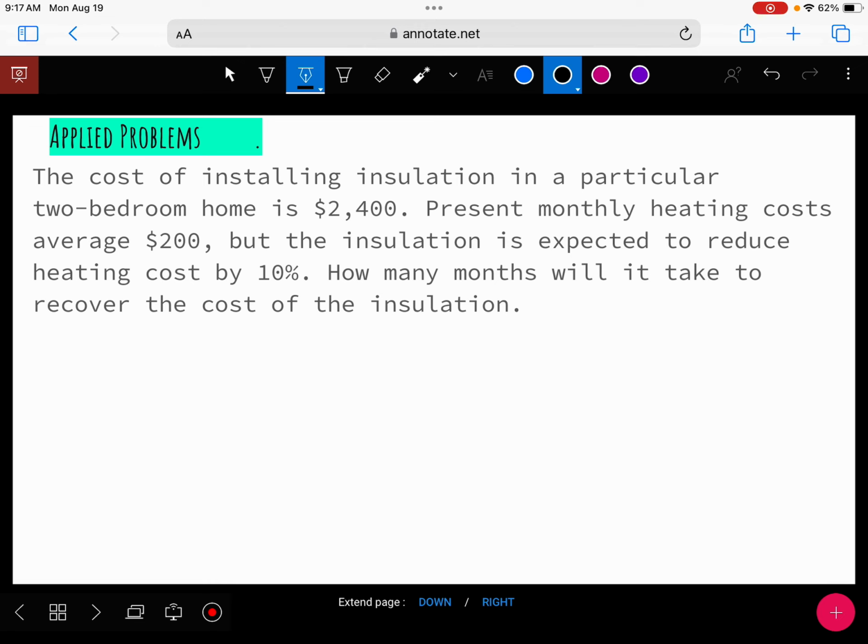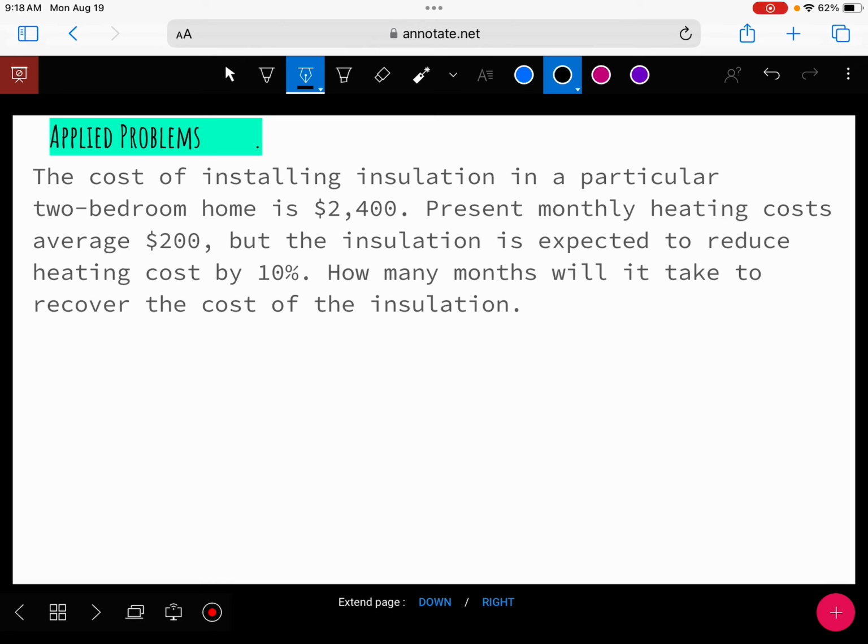So this one is number 4. The cost of installing insulation in a 2-bedroom home is $2,400. Present monthly heating cost is about $200. However, the insulation is expected to reduce our heating costs by 10%.